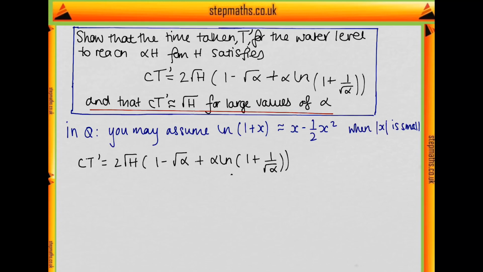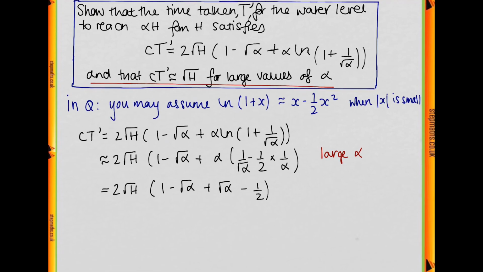And then finally, we are asked to deduce that ct dash is approximately root H for large values of alpha. We can also assume this expansion here. Let's do as we did before and expand this out, because since alpha is large, 1 over root alpha will be small. So we get the approximation 2 root H times 1 minus root alpha plus alpha times 1 over root alpha minus a half times 1 over alpha.